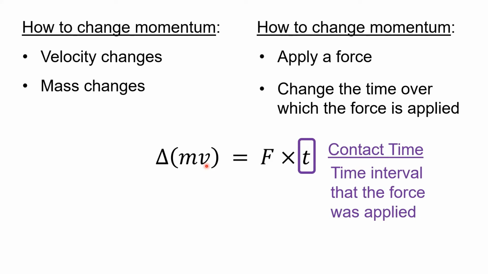The time would only be that short interval in which I was actually holding onto the ball and going through my throwing motion. In the same regard, if I held the ball for 5 seconds before I threw it, I wouldn't include that 5 seconds in my contact time. So it's only when the force is in contact with the object and it's actually doing something.